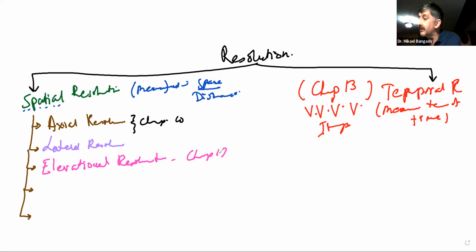Yeah, chapter 12. Then, strange enough, there is a special resolution that is going to be called the spatial resolution.